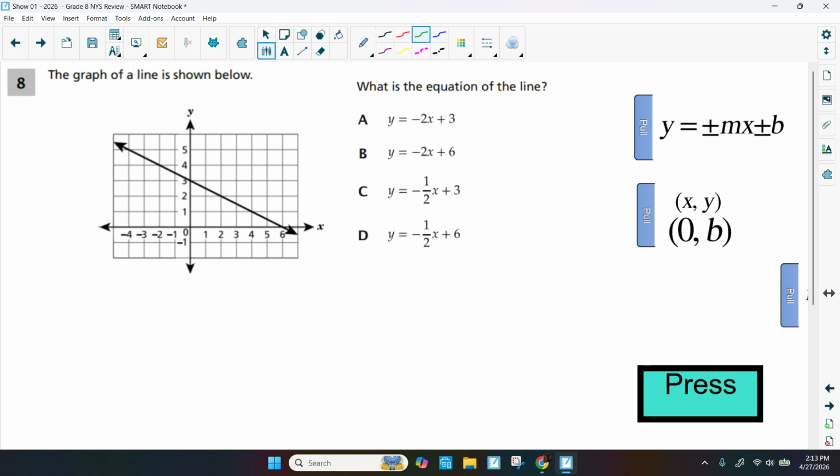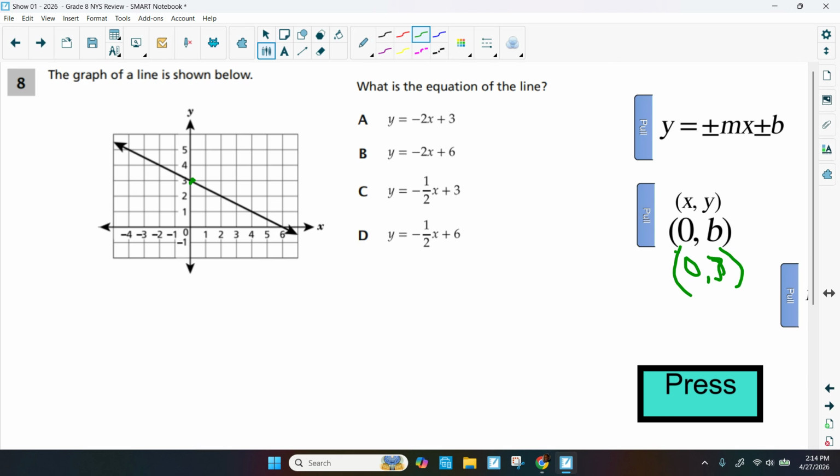Here's my y-axis going up and down the vertical line, and put a little dot right there. That's on the 3. So that lets me know my starting point would be (0, 3). This is where the x is 0 and y is 3.